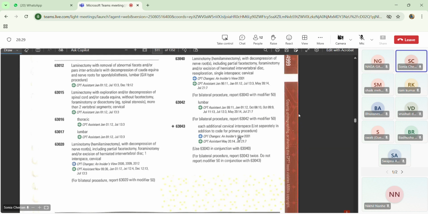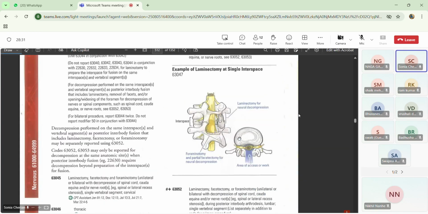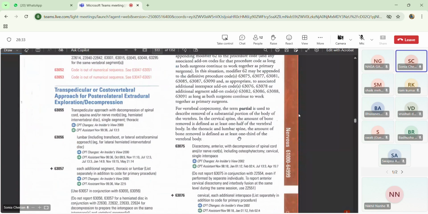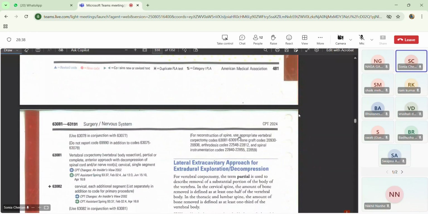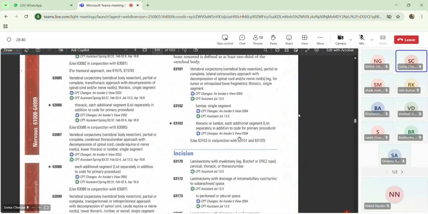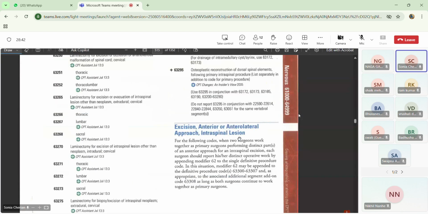So we have two CPTs for cataract surgery. It is very simple, but there are points which you need to know whenever you're coding for cataract. Let me just show you.